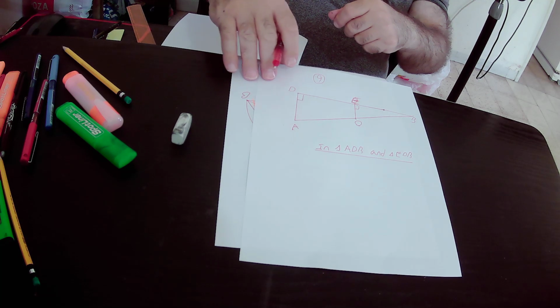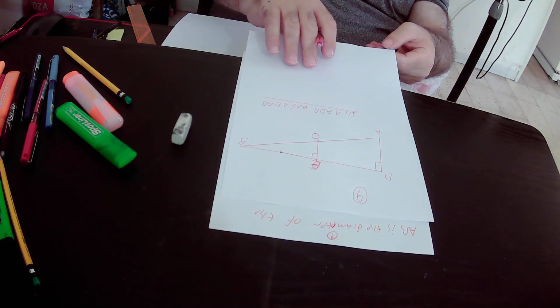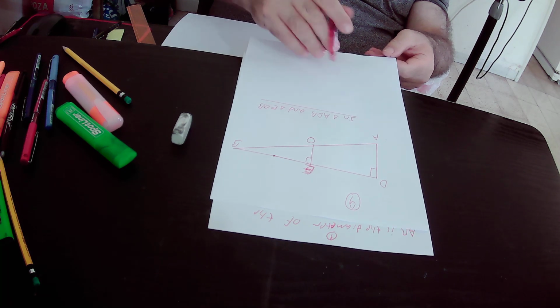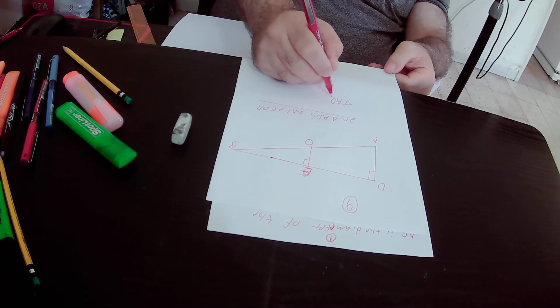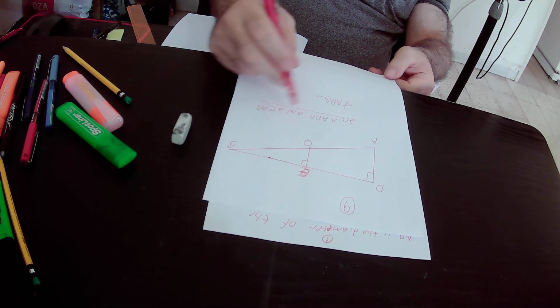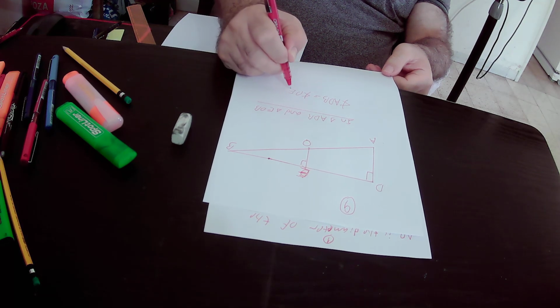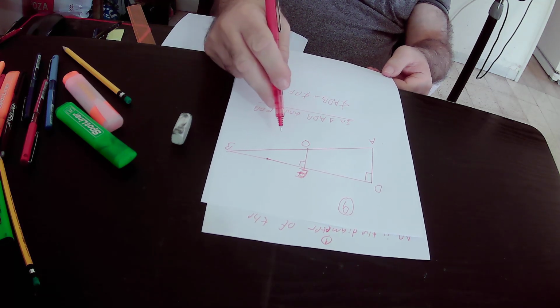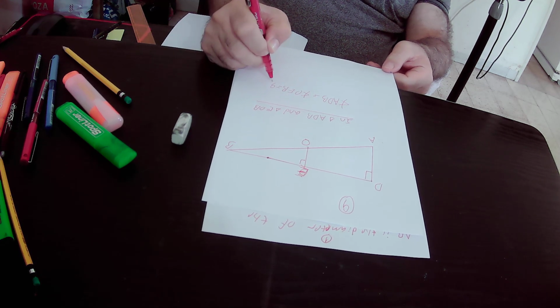So I write it down: angle ADB in triangle ADB equals angle OEB in the small triangle OEB. Both are equal to 90 degrees.